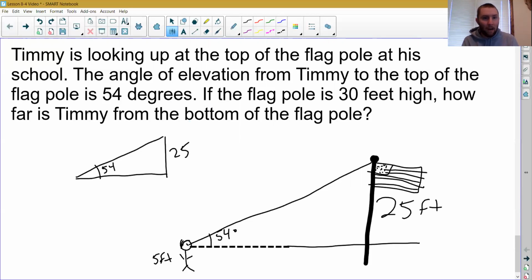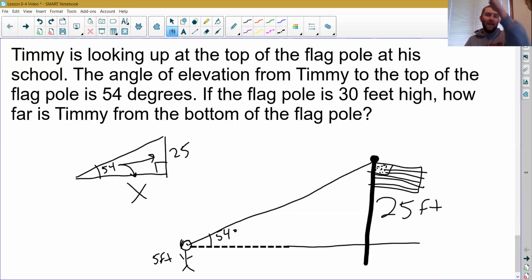And I'm looking for how far is Timmy from the bottom of the flagpole, right? What is the horizontal distance from Timmy away from that flagpole? So from Timmy to the bottom of the flagpole is going to be X. Okay, and so now I have to do some trigonometry. This is my problem. I need to solve for X. So based on my 54-degree angle, I think the 25 is the opposite side and the X is now the adjacent side, right?